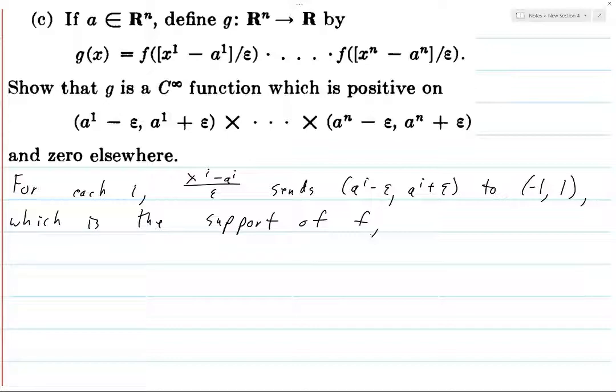Here, when they say f, it's ambiguous. Do they mean the function f that they define in part A, which is supported on the open interval from -1 to 1, or is it supported on the open interval from 0 to epsilon, which is the function f that's described in part B?